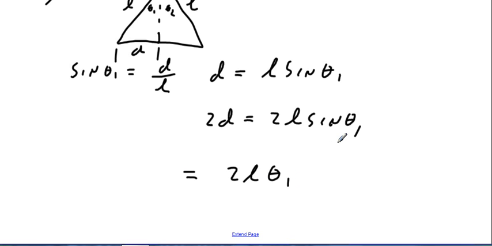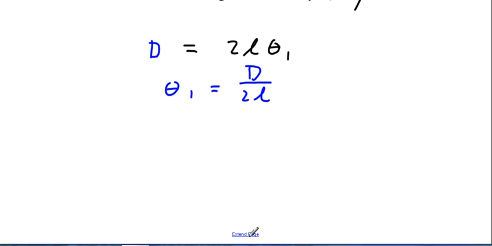Alright, so now I know that 2d, we'll call it capital D, the distance between the balls, is going to be 2L theta 1, which means theta 1 is going to be D over 2L.